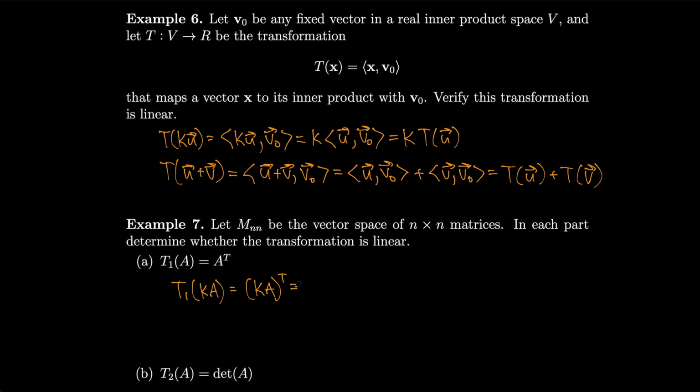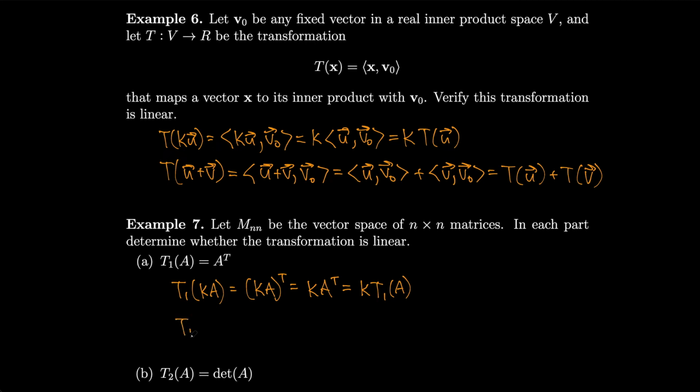So now I can write that as k times A transpose, because transposing the constant is not going to do anything. I can just pull the constant out of this matrix. So it becomes k times A transpose, and that's just k times T1 of A.